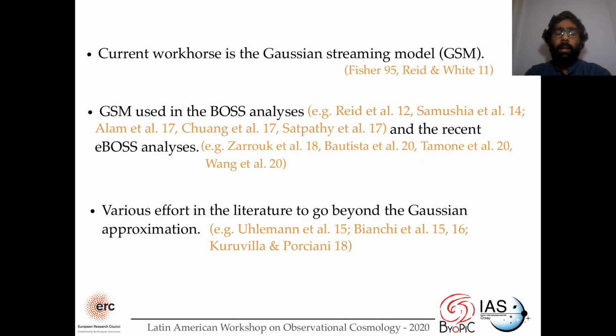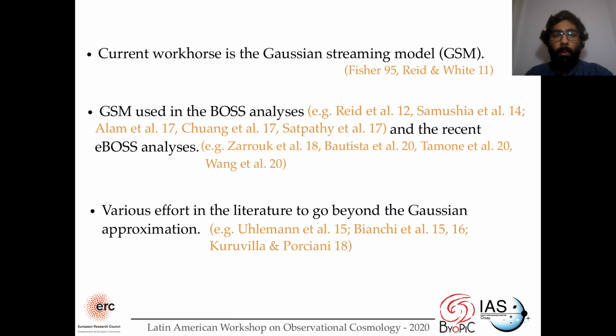The current workhorse is the Gaussian streaming model, where the P2 which we introduced in the previous slide is approximated as a one-dimensional Gaussian distribution. This was introduced in 95 by Fisher and further worked on, for example, by Reid and White in 2011.